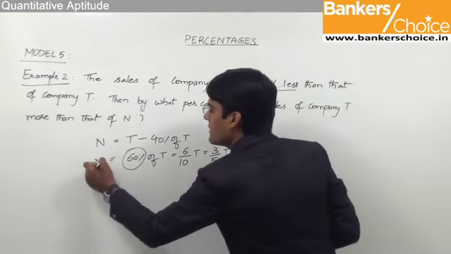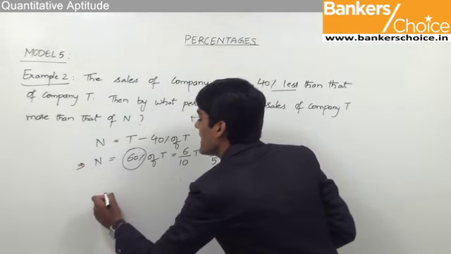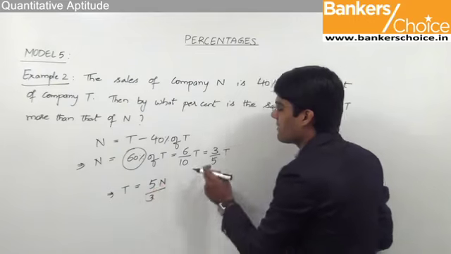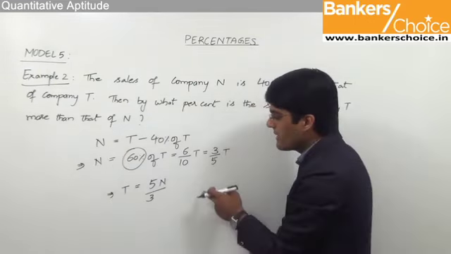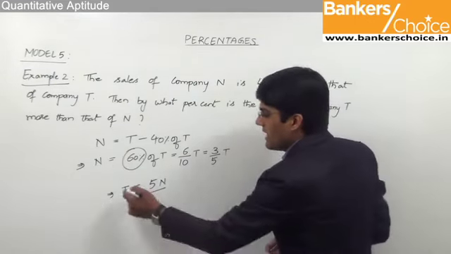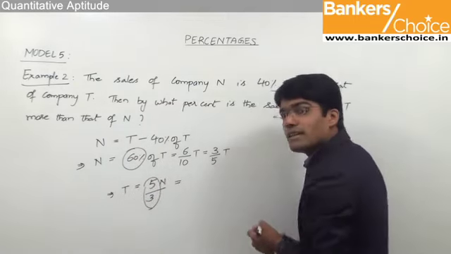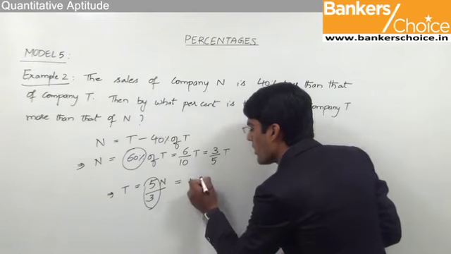Now if N is equal to 3T by 5, we can say that T will be equal to 5N by 3. Why? Because 5 goes on the other side, it becomes 5N divided by 3. So T here is 5N by 3, and 5 by 3 is equal to 1.66.